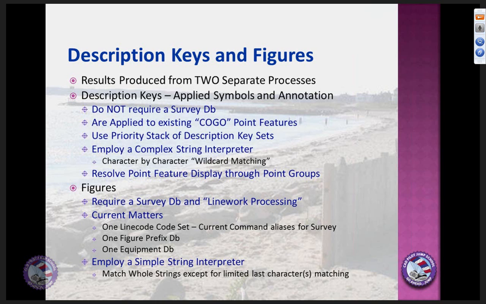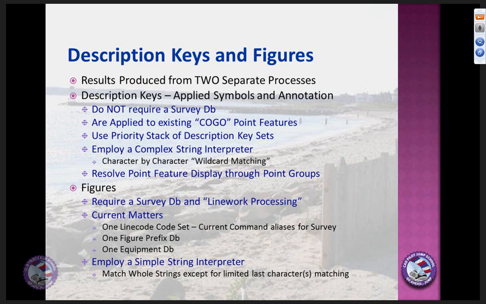Description keys have to do with whether you want the symbols and annotation applied to COGO point objects. They don't require the survey DB, they don't require survey at all. They simply create point features based on point data. They employ this idea of a priority stack for the key sets, and that's very critical and important, particularly when we're going through the QA stuff that we have to do as survey folk.